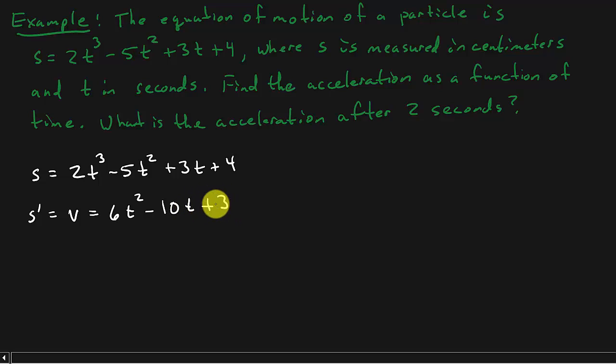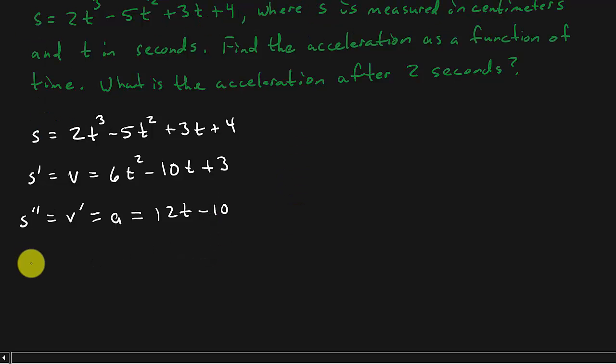Hopefully that made sense. That's just those power rules that we were doing before. And then the second derivative, which is the derivative of the velocity function, is our acceleration. That's the derivative of this function: 12t minus 10.